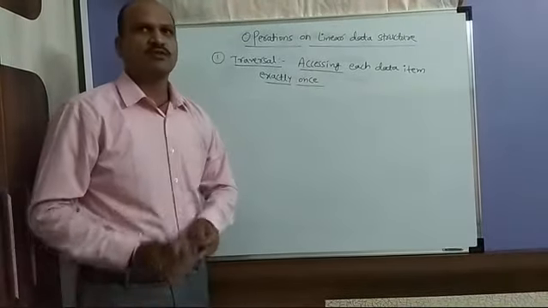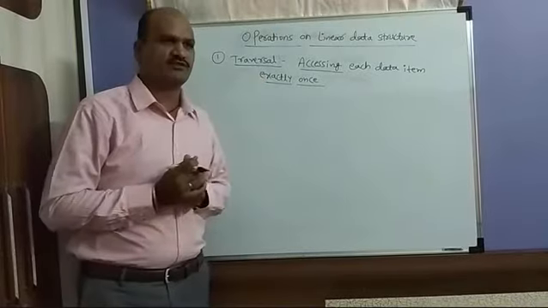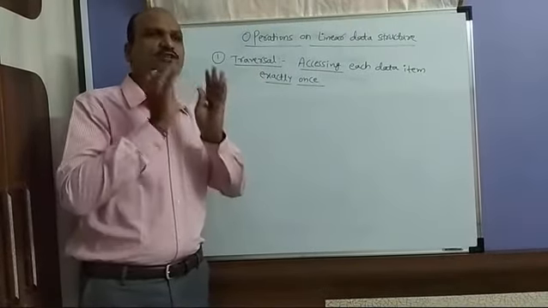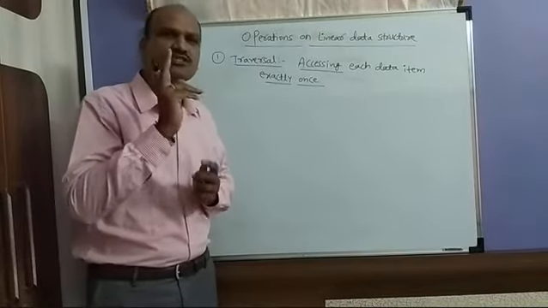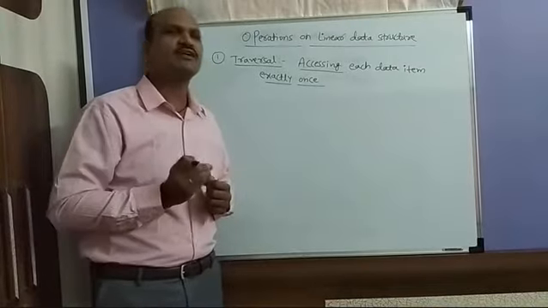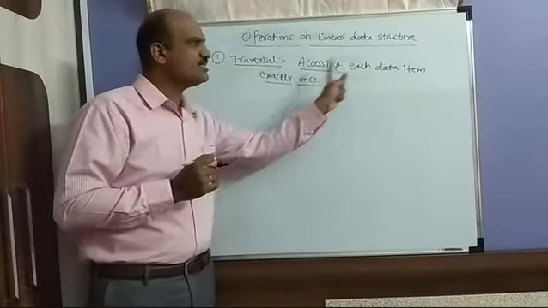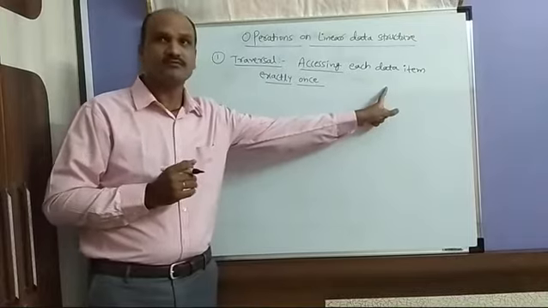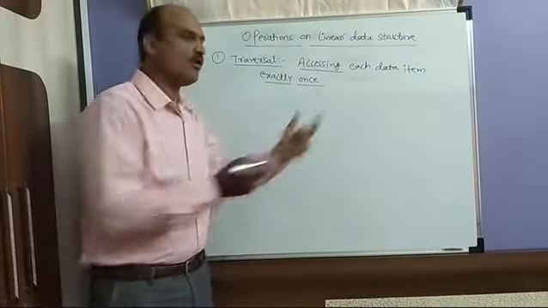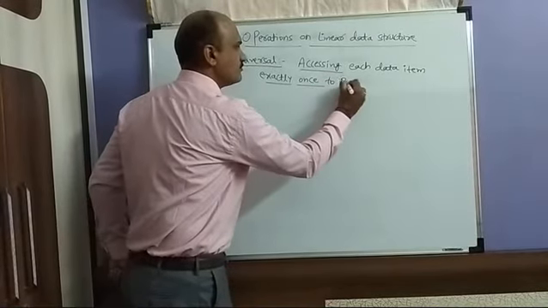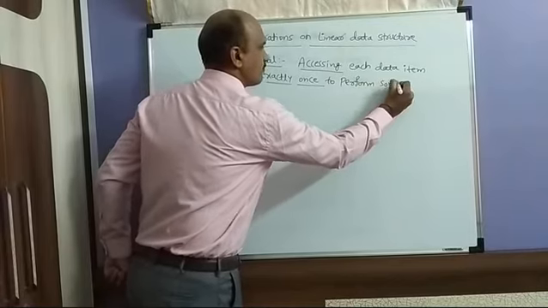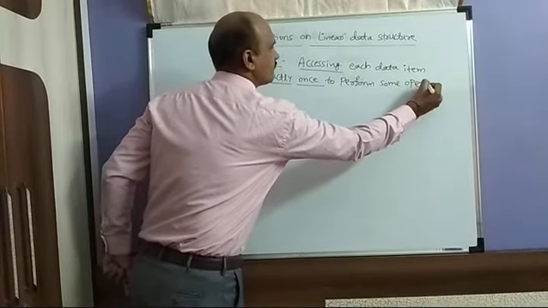If there are 5 elements in your list, each element should be accessed exactly once. That is the meaning of traversal.